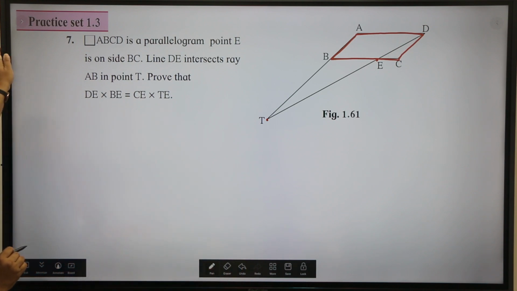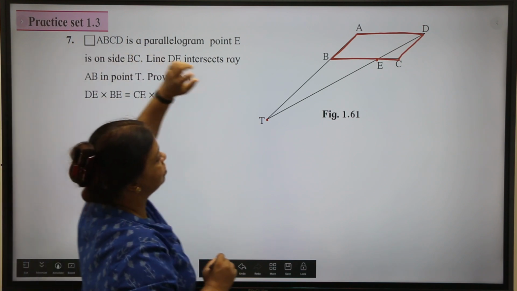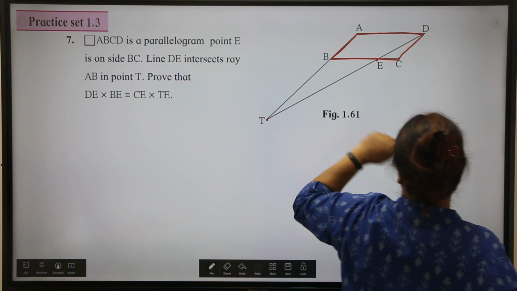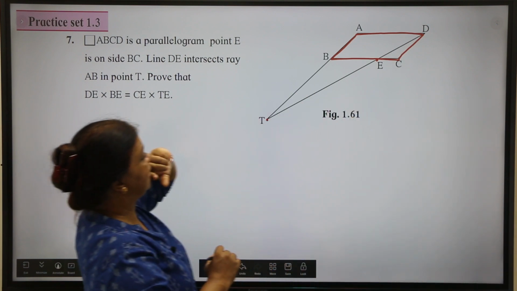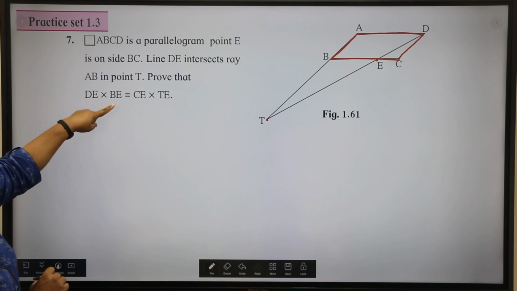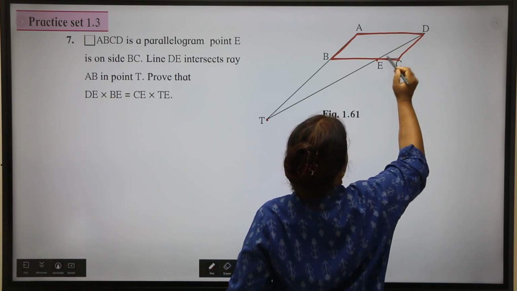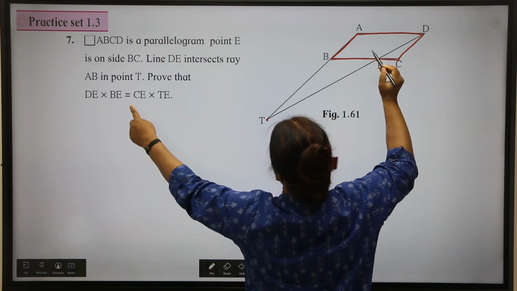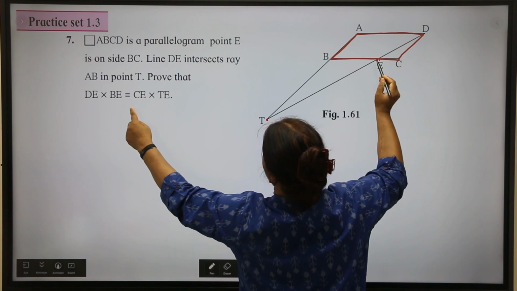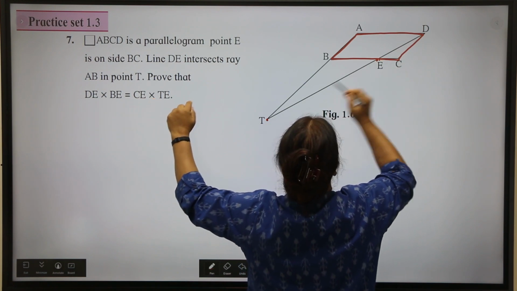So, prove that DE into BE is equal to CE into TE. Now DE into BE. Where is DE? Yes, this is DE. Into what? BE. This is equal to CE into TE.